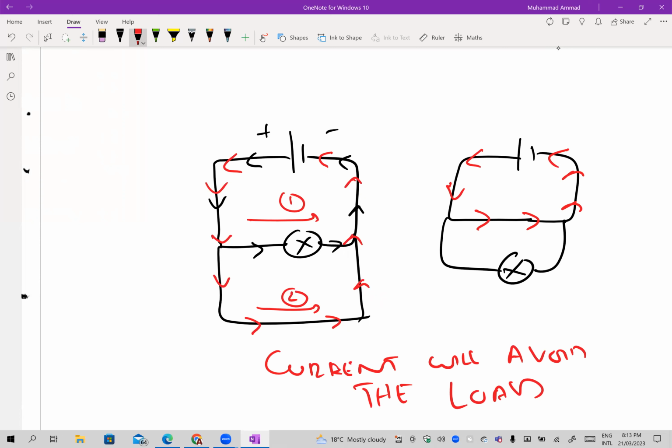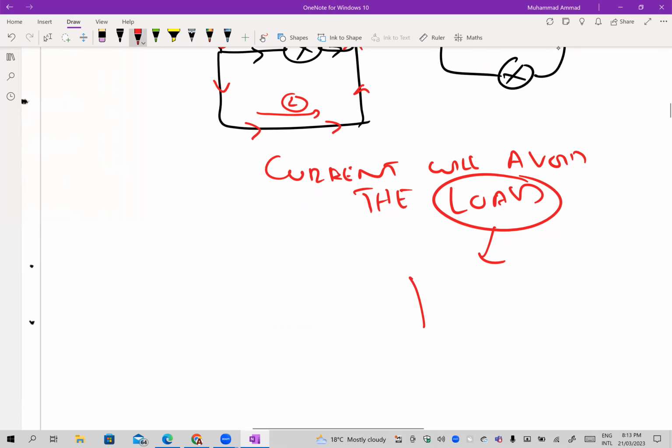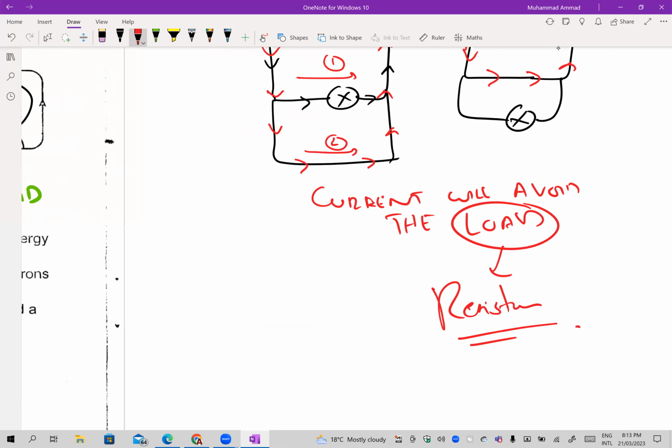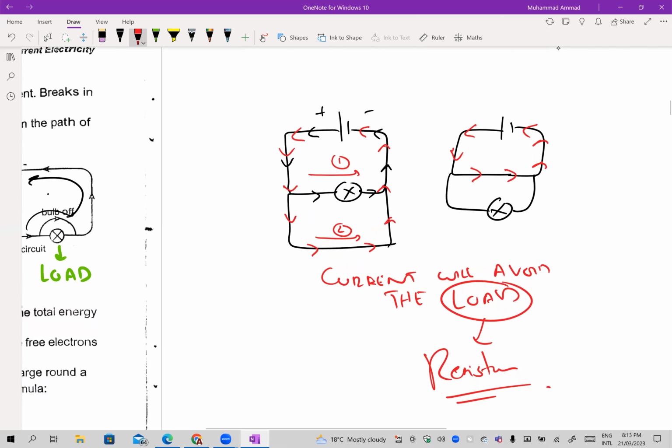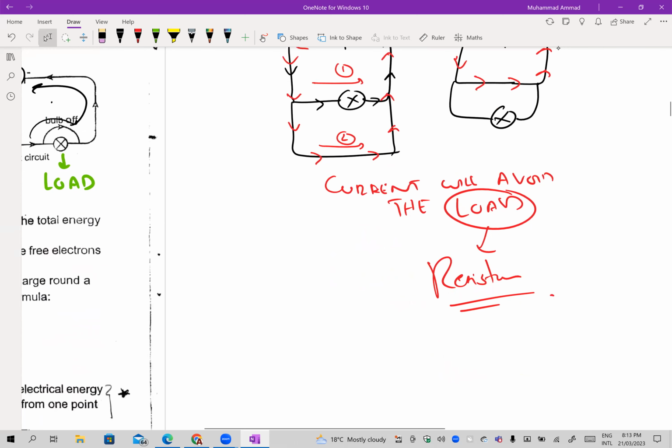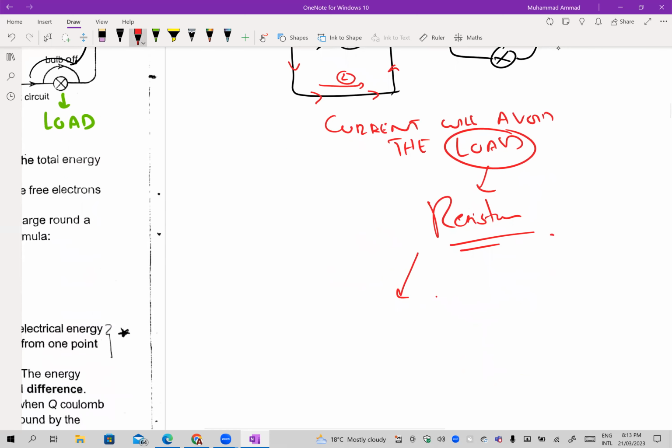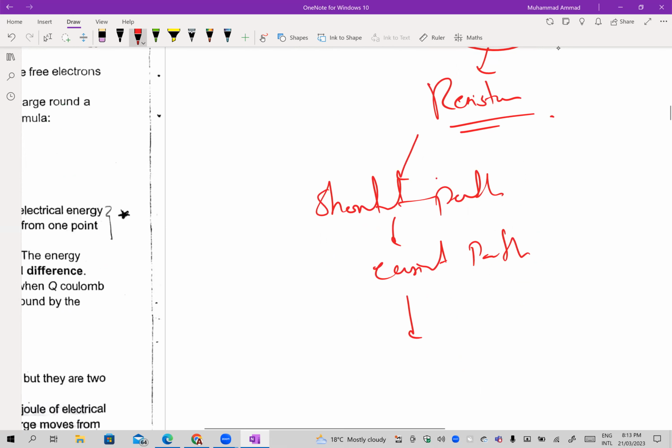Why? Because the load is sort of resistance. This load provides resistance and the current does not like resistance. It's going to get reduced. So it'll try to avoid that resistance in any case. And this is the reason why it'll take the shortest path, the easiest path. And that easiest path would lead to a short circuit.